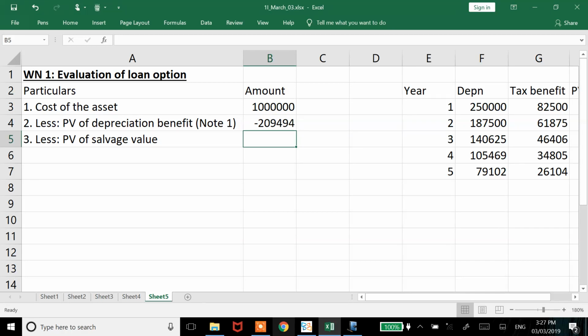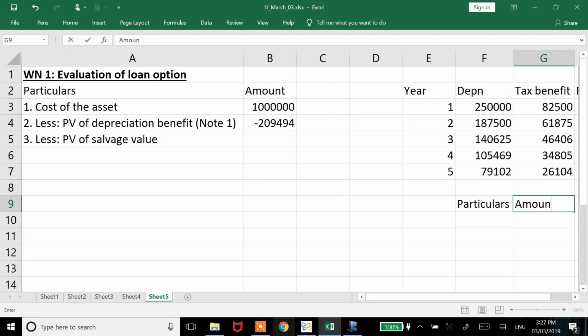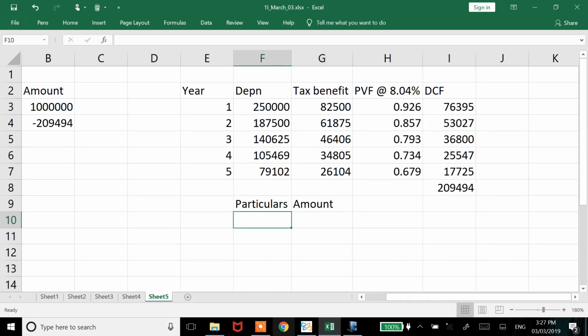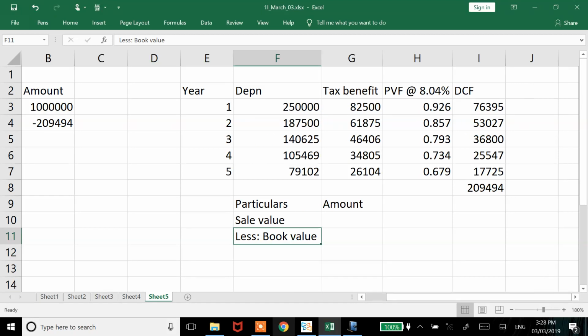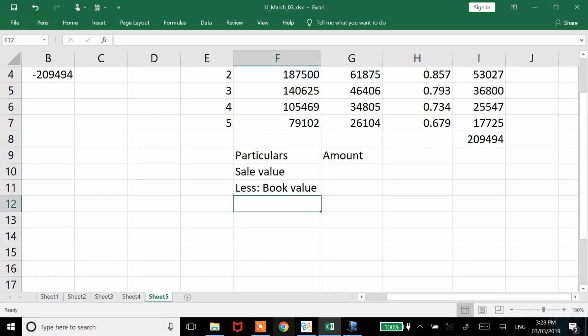Then I also have to do salvage value computation, which is also not going to be straightforward. Particulars, amount. We have sale value less book value. Sale value is 67,000.